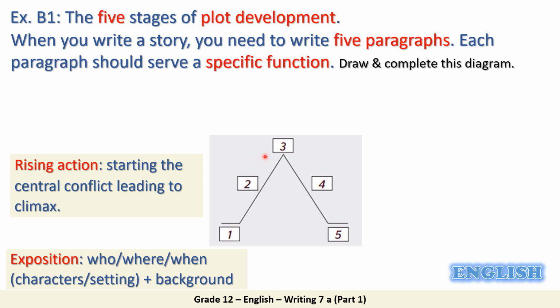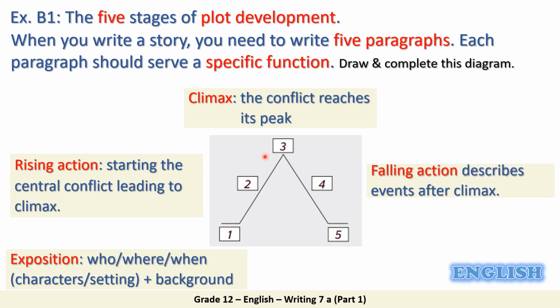What's the third point here? Right, it's the climax. The conflict reaches its peak in the climax. What follows the climax is the falling action, which describes events after the climax, and then we end with the resolution, which describes how conflict is solved. Okay?